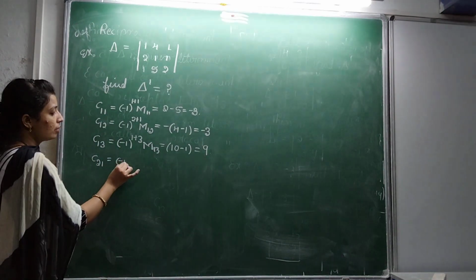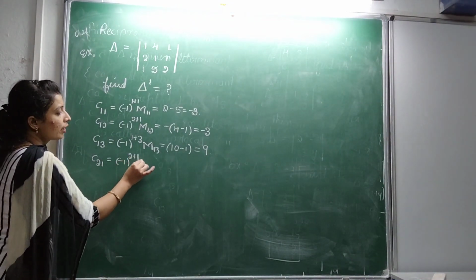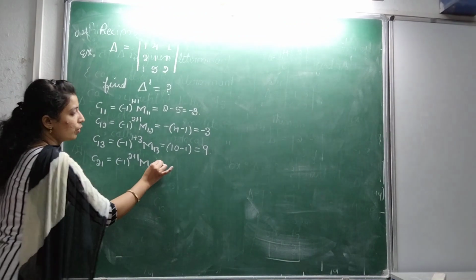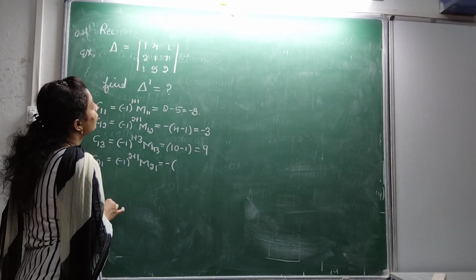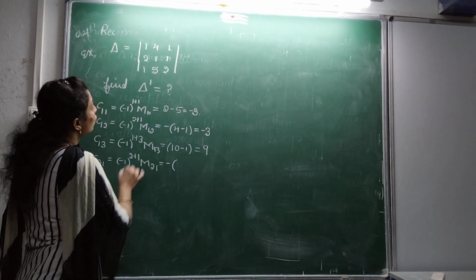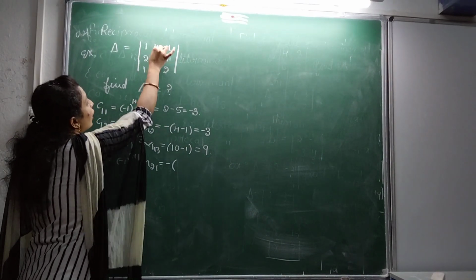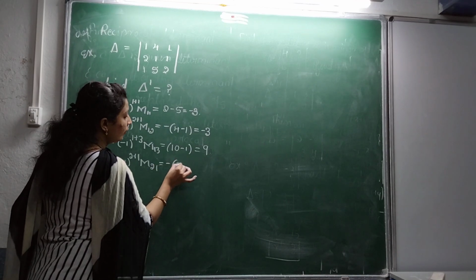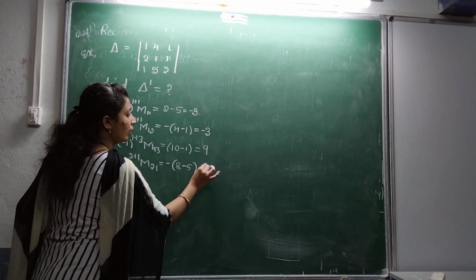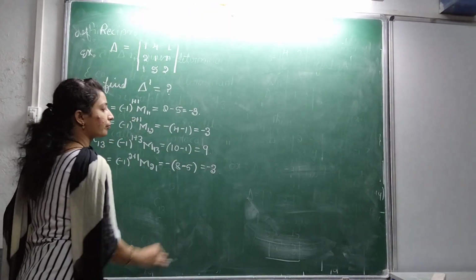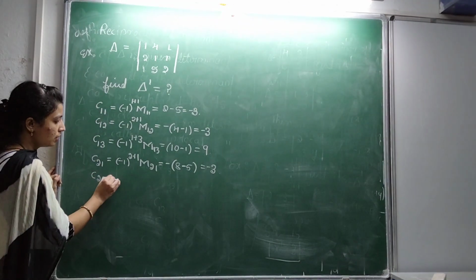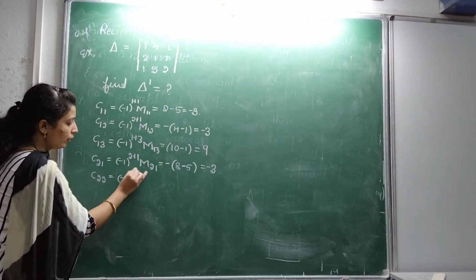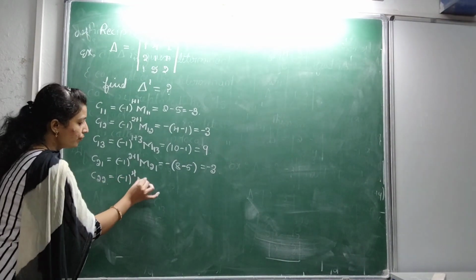Next, second row, that is C21. C21 implies minus 1 to the power 2 plus 1 M21, so it is minus into. Leave the second row and first column, so elements are 4 into 2, 8 minus 5, it is minus 3. Next, C22. C22 is minus 1 to the power 2 plus 2, 4, M22.